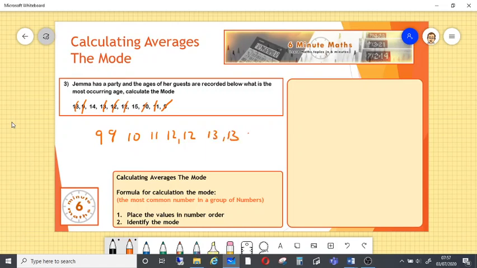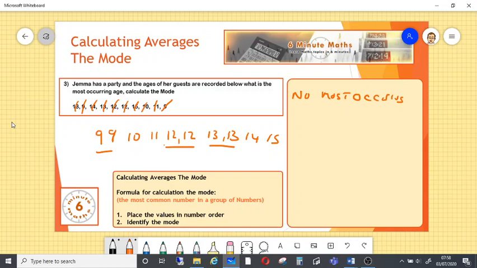And then 14 and then 15. So with this particular example, there is no most occurring age. Because if you recall, if you've got more than two numbers that are the same, because we've got 2 13s, 2 12s and 2 9s.